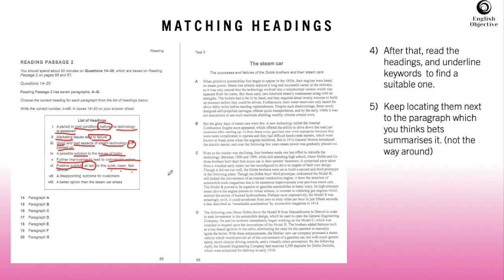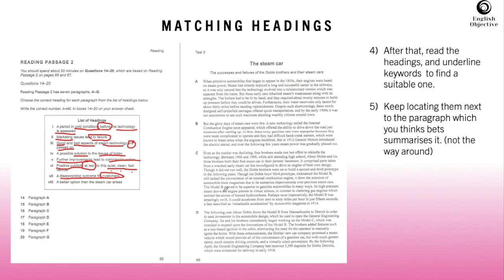The next one, number seven, a disappointing outcome. Okay, so disappointing, negative feeling, outcome, result for customers. I do remember some disappointments, some failures for the customers, so I would have to look into that straight away as well.